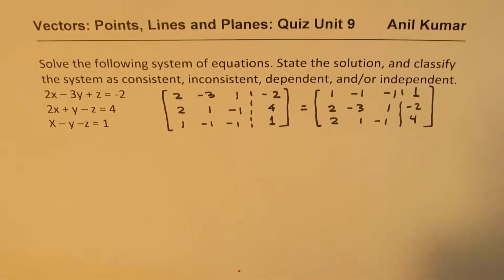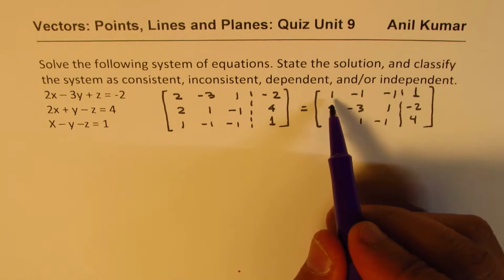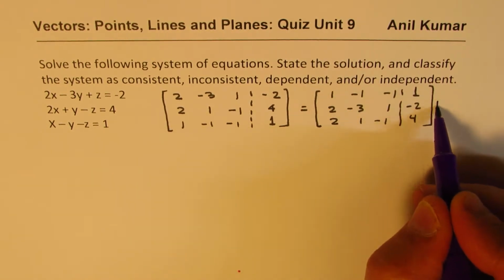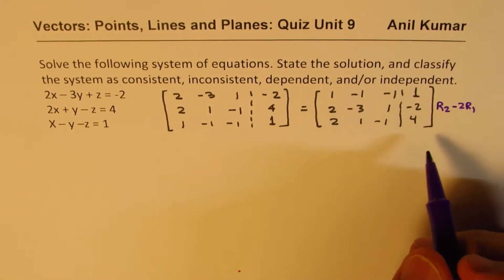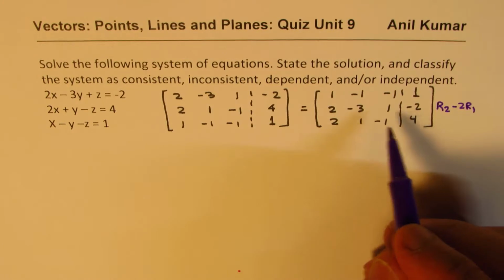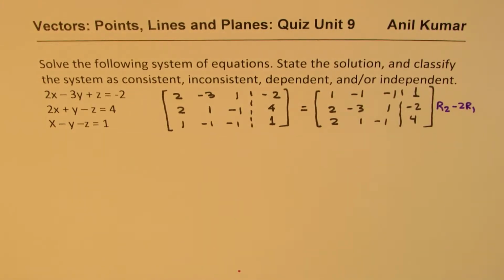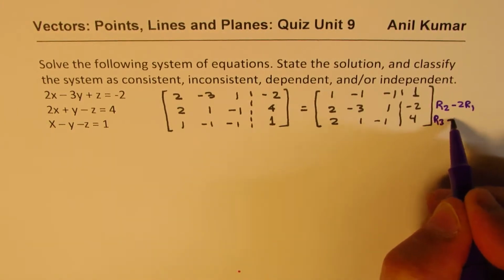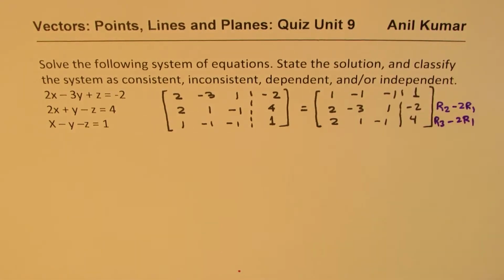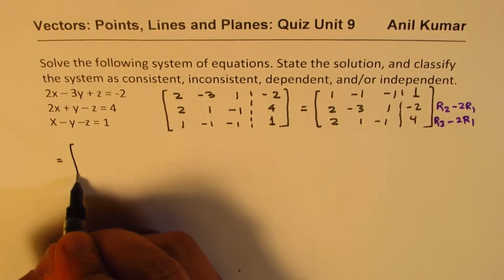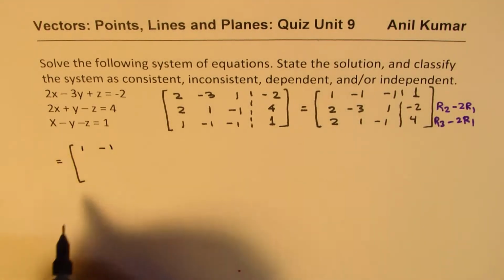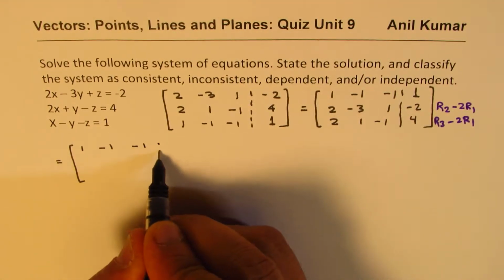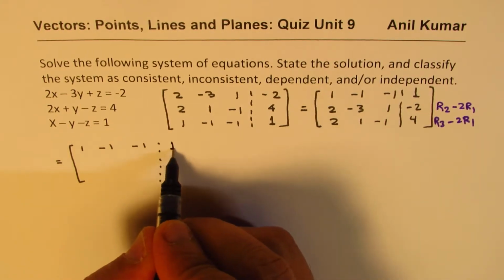Now, if I perform the operation that in row 2, I take away twice row 1, then I make this 0. And here also, if I do the same thing, I can make this also 0, right? So row 3 minus 2 row 1 will give me a 0 here. So performing these operations, I could rewrite my matrix: first row as such, 1, minus 1, minus 1, and we have 1 here.